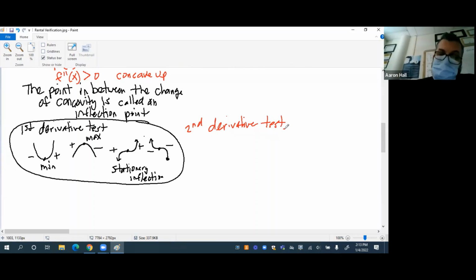It tells us the change in concavity if our graph goes like, I don't know, something like this. These are non-stationary inflection.